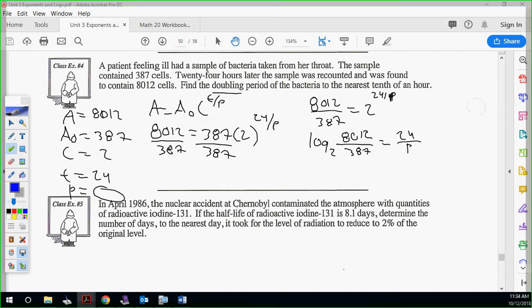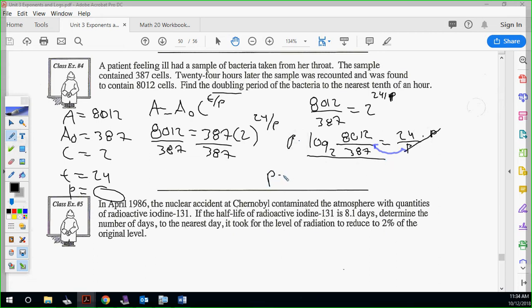We're trying to solve for P, so I'm going to times P over here, and this is going to go underneath. These are going to switch spots. So it's going to be 24 divided by this whole thing is your answer. If you don't know why, it's because we multiply by P and divide this over.